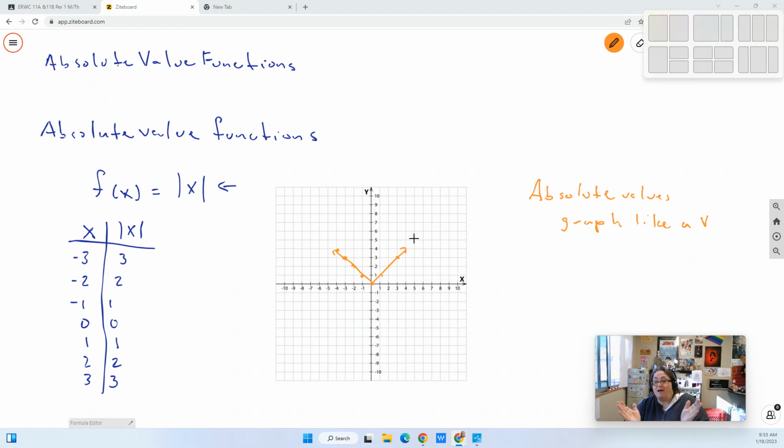It's always going to follow that symmetry. Even if we start further down, whatever that vertex is, every point will have a point the same distance away on the other side of what we call the axis of symmetry, which is that middle ground. Absolute values are always symmetric.